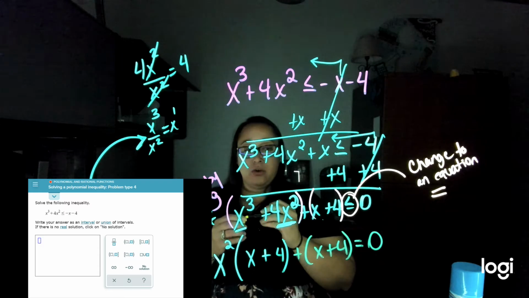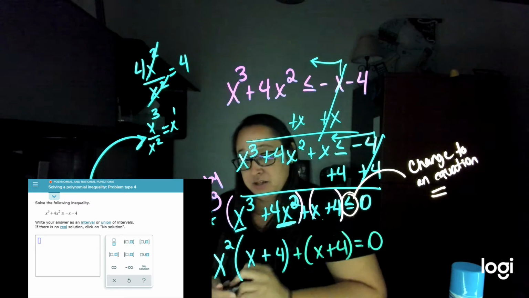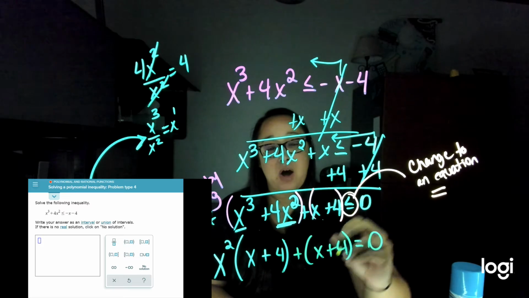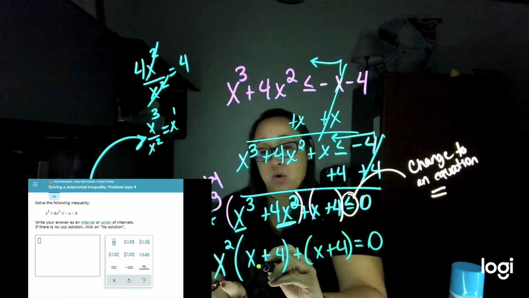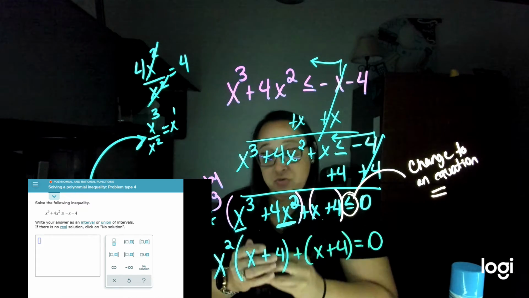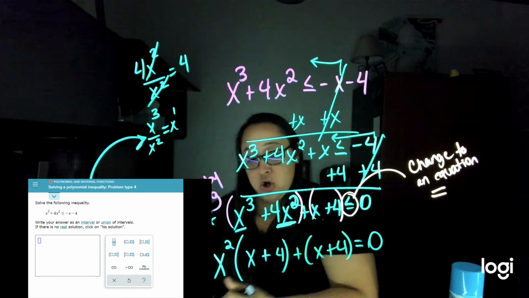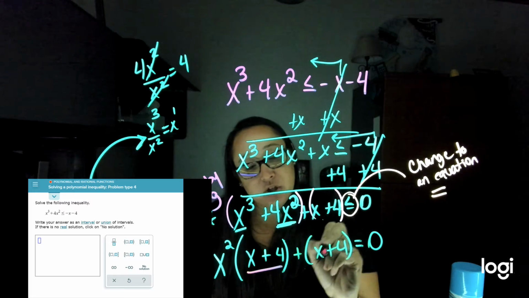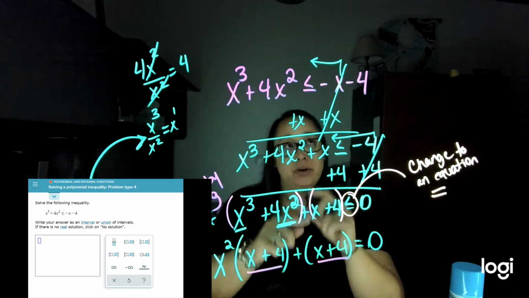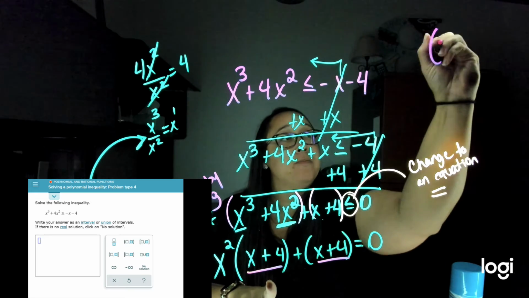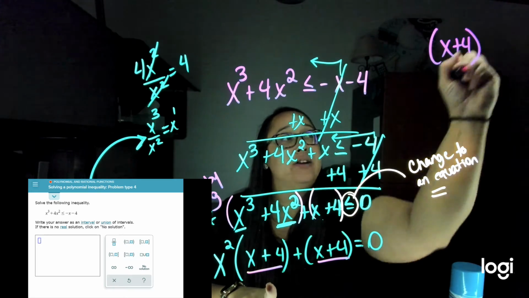Okay? So what I'm going to do is I'm going to come over here. Can I see this? Yes. So I'm going to factor this a bit more. If you factor by grouping and you do it correctly, you should have the same terms inside of parentheses. So that tells me that x plus 4 is one of my factors.